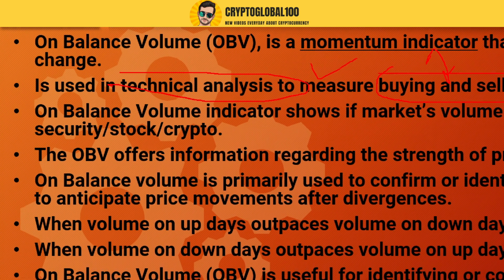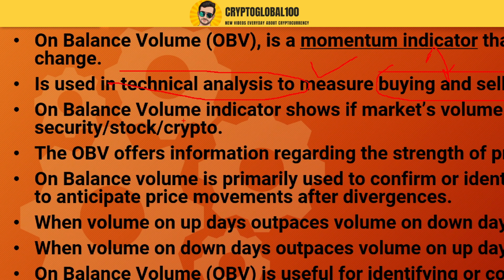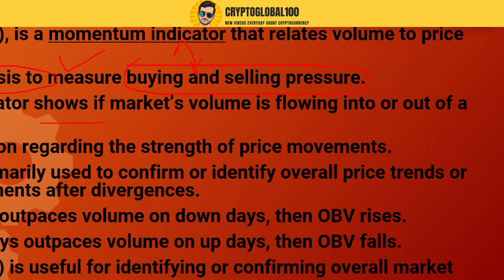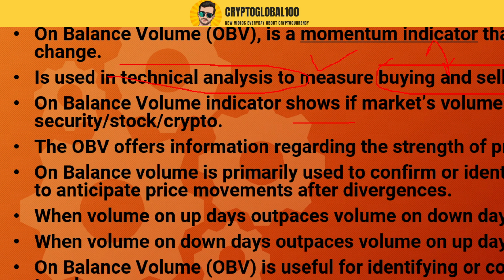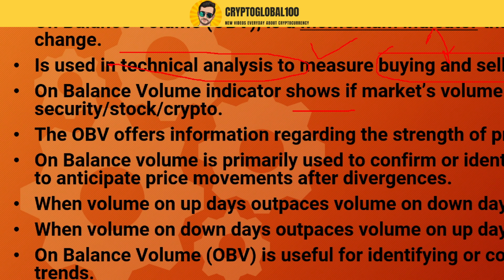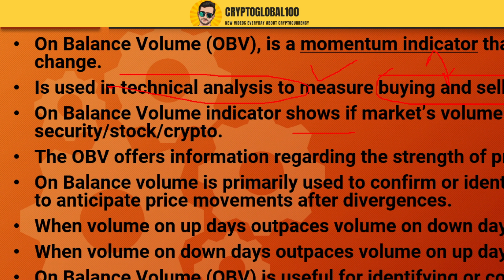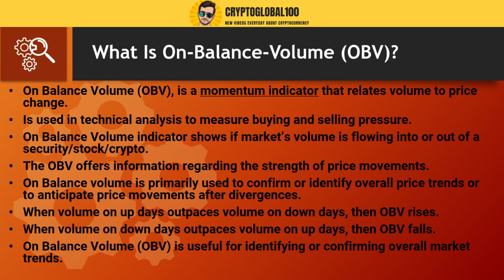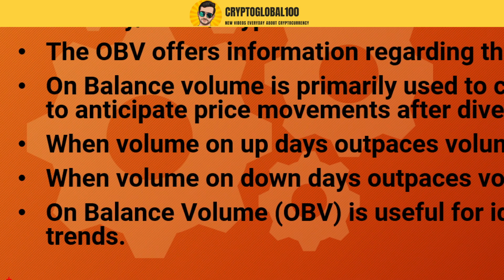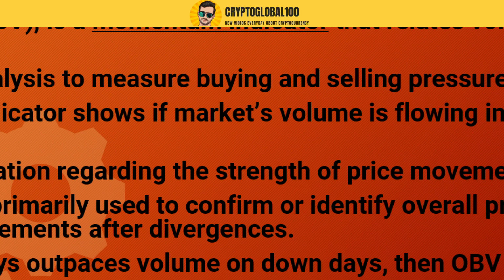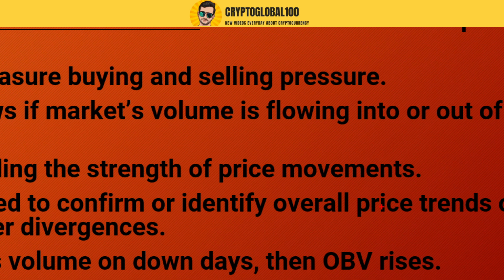The on balance volume indicator shows if the market's volume is flowing into or out of a certain crypto asset. Most of the time, on the day of the listing, you see the prices of the coins shoot up. Why? Because the volume is flowing in.